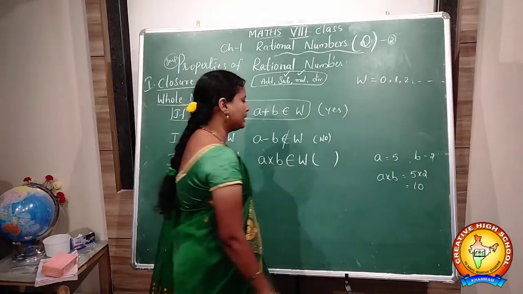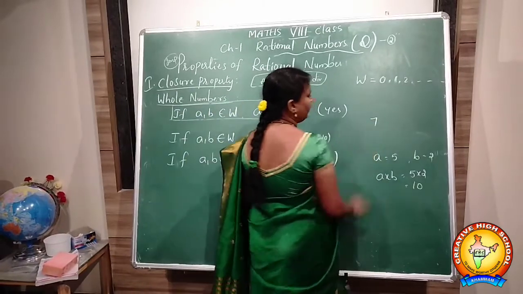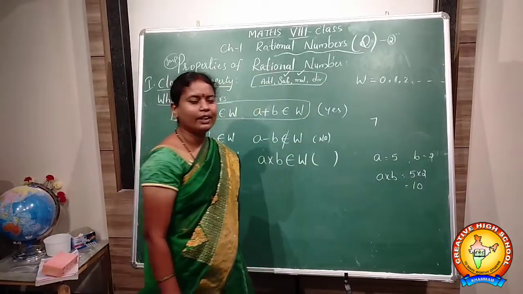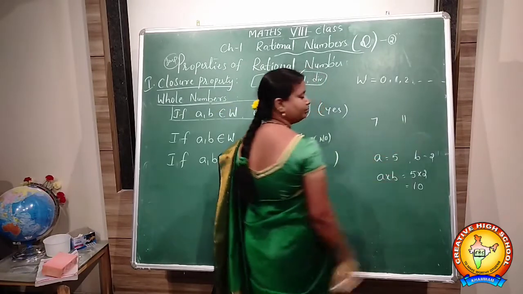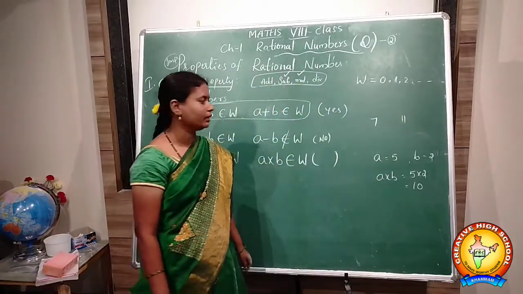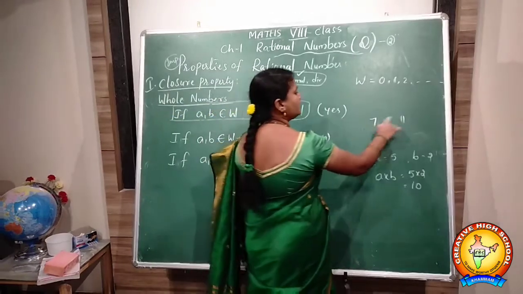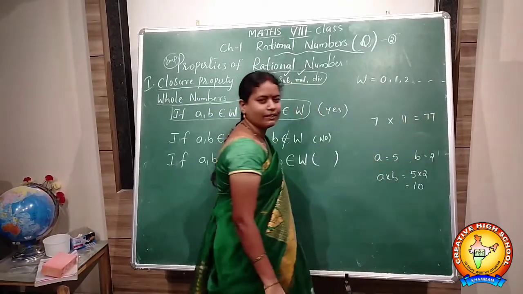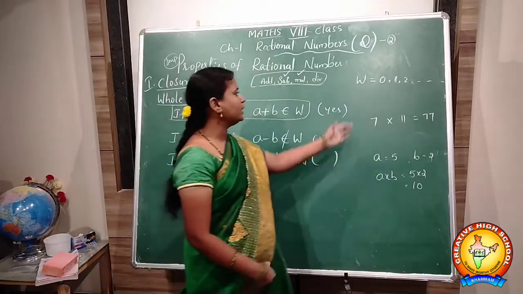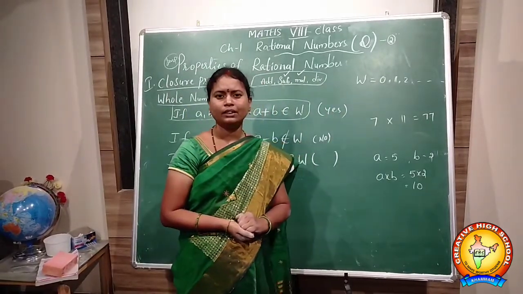Let us take one more example. In the place of A I am taking 7 and in the place of B I am taking 11. You can take any whole number. So 7 elevens are 77. Does 77 belong to the set of whole numbers?